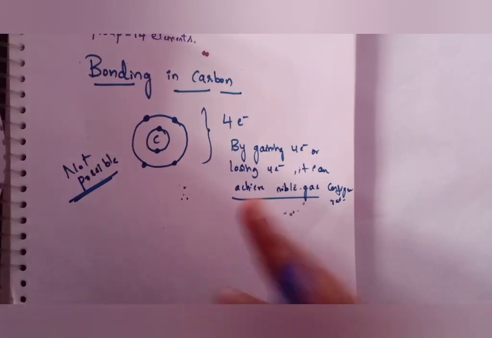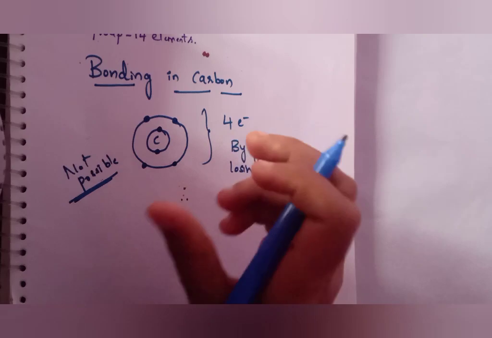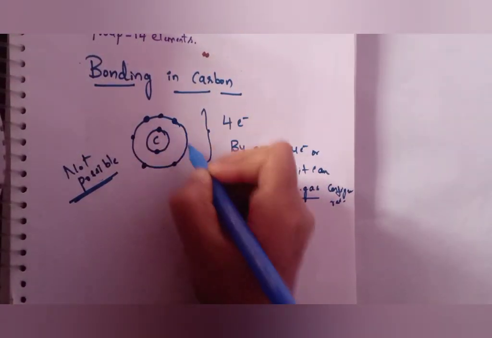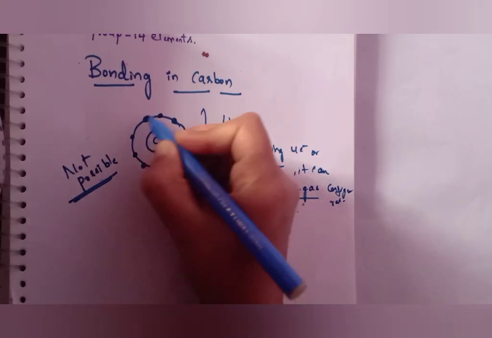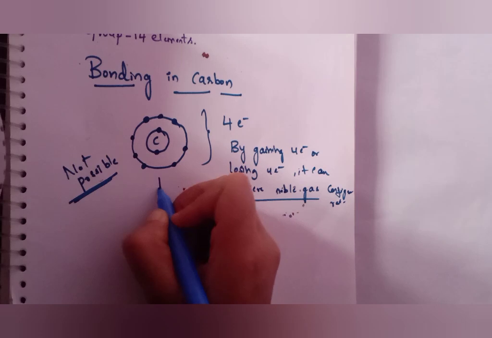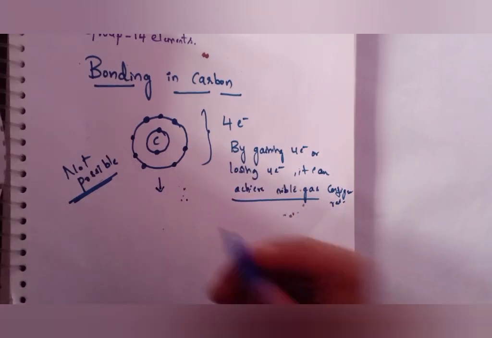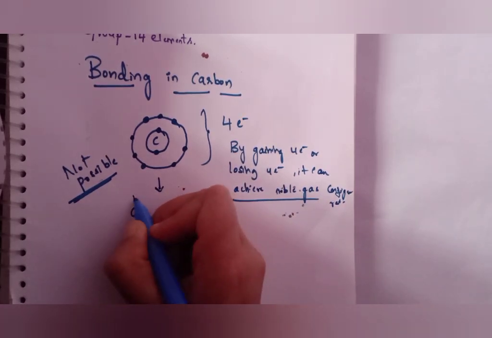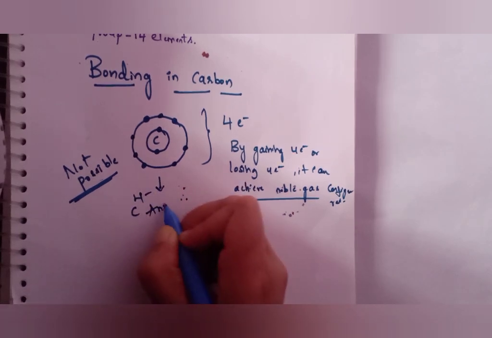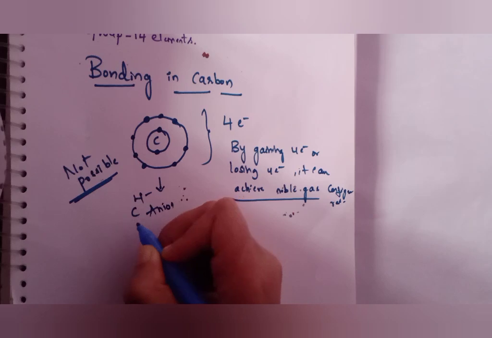So consider, for example, if it gains 4 electrons from another atom. I will write these 4 electrons here. So now it has attained 8 electrons in the outermost shell. So if it gains 4 electrons, then it will form a C4 minus anion. So gaining means C4 minus anion.